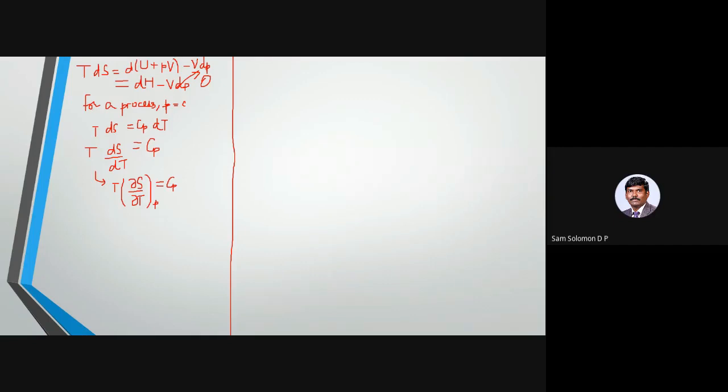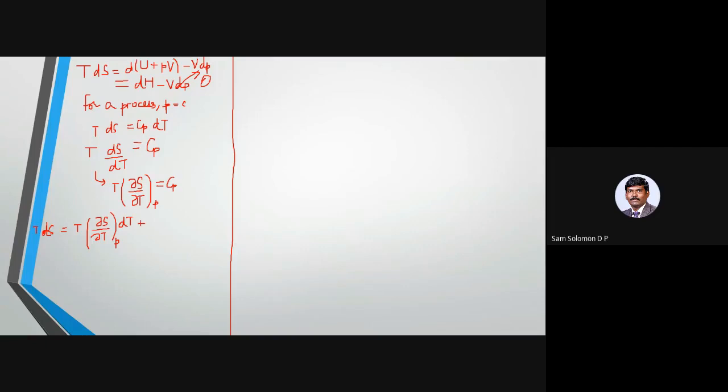So now what we had before was TdS equal to T times partial S partial T at constant P into dT. This was the first term.